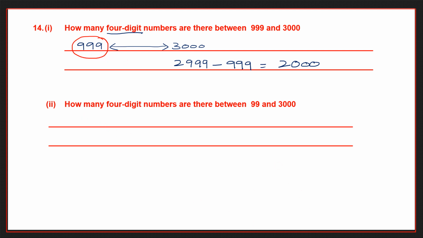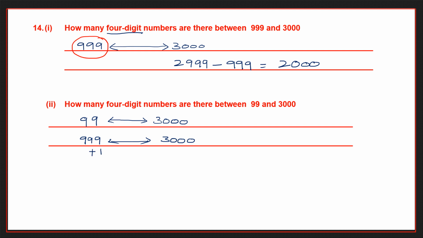So though the question says between 99 and 3000, it is actually the biggest 3-digit number, 999, and 3000, just like the previous question. Because the first 4-digit number will come after this when you add 1 to this.